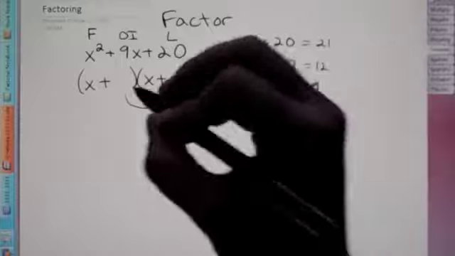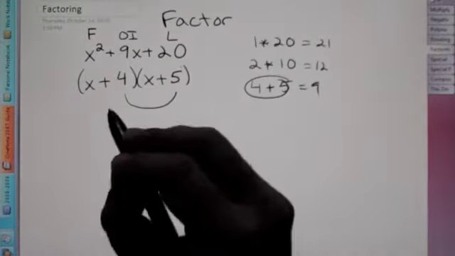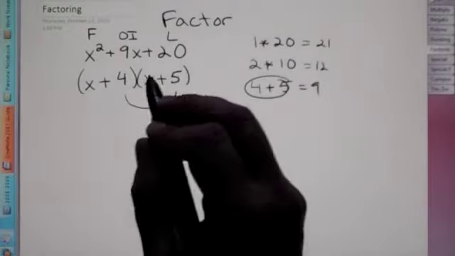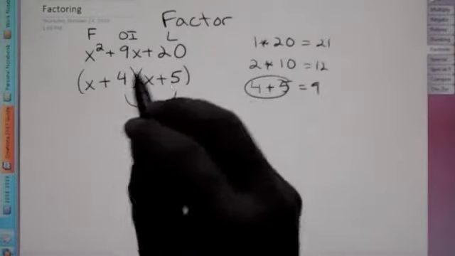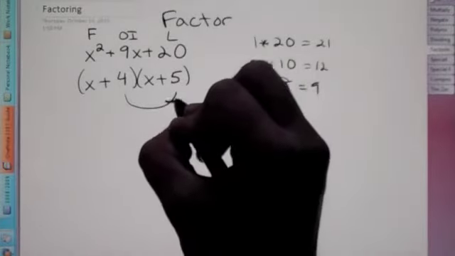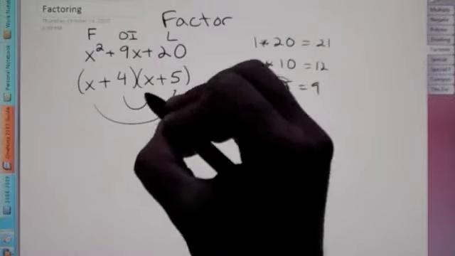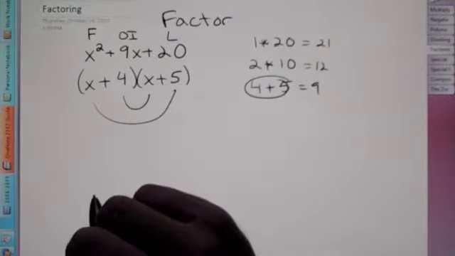So these are the two numbers I want to plug inside, 4 and 5. Now, if you have the same exact symbol and these are both x and x, then it doesn't matter which number goes where. So yes, 4 times 5 equals 20, and 5x plus 4x equals 9x.